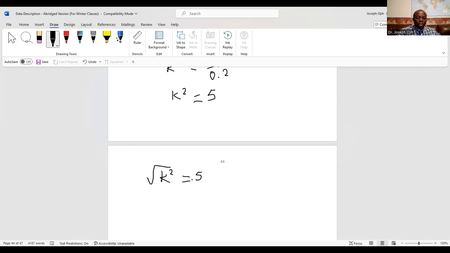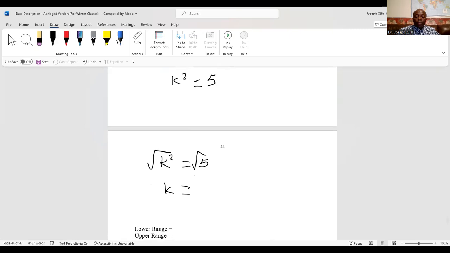And whatever you do on this side, you do on the other side as well. So the square root of 5. Now the square root of k squared is k, which equals the square root of 5, which we can find from the calculator.